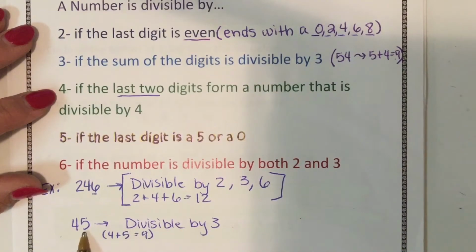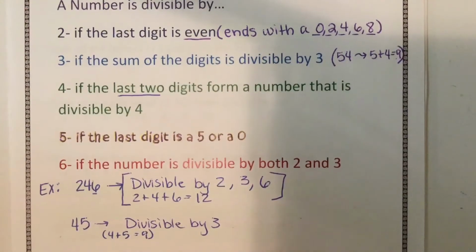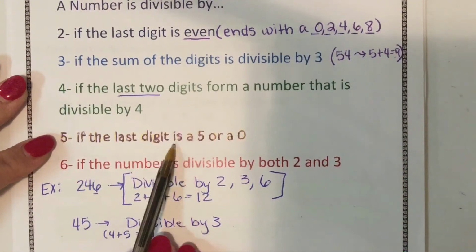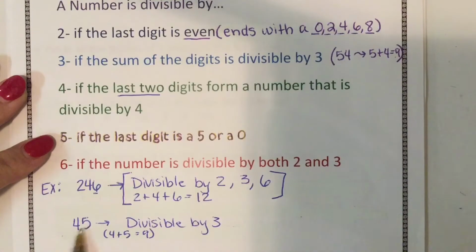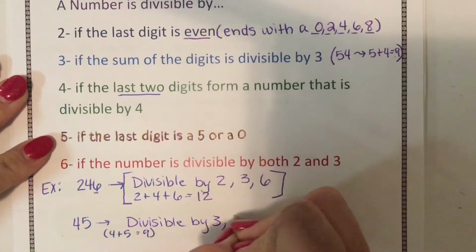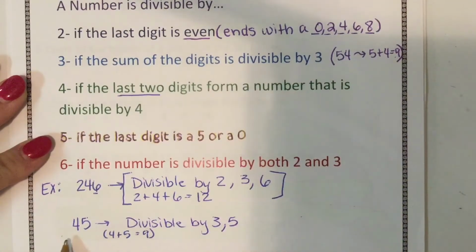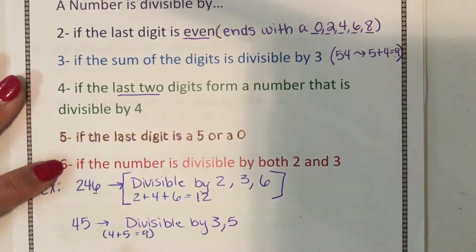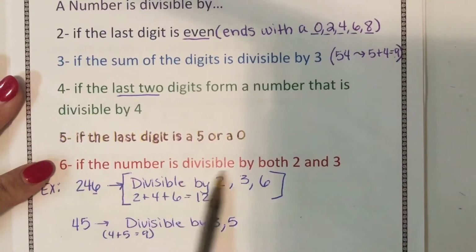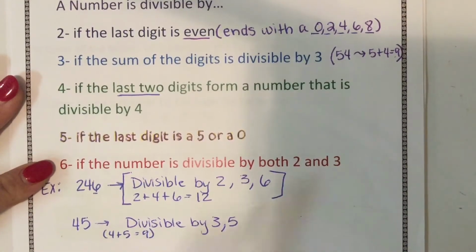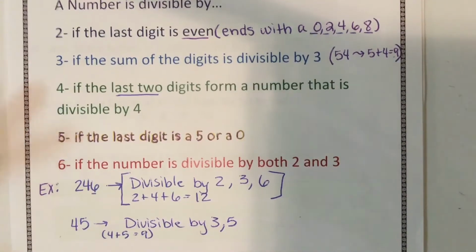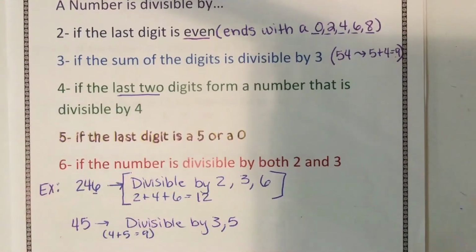No, 4 isn't going to go into 45. If the last digit ends in a 5 or a 0, well, it ends in a 5, so it's also going to be divisible by 5. So 45 is going to be divisible by 3 and 5. Okay, and it says 6 if the number is divisible by both 2 and 3. Well, it's only divisible by 3, not 2, so it won't be divisible by 6. Okay, that's just a few.